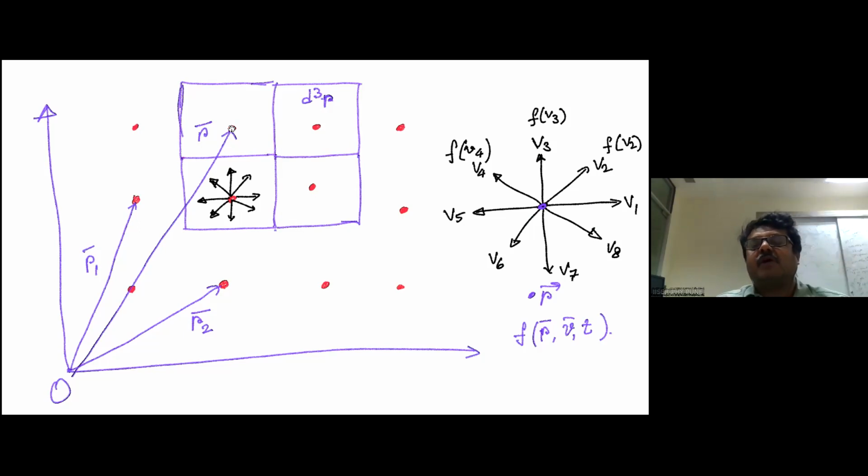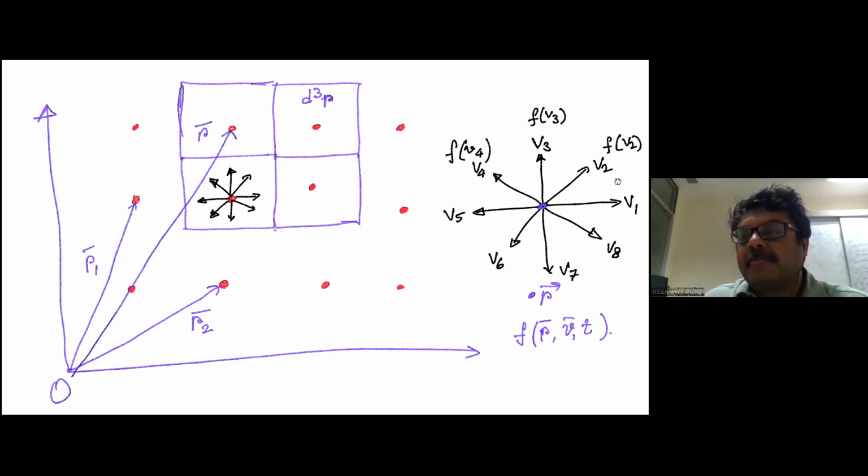Now just to think about it, suppose you have an f of v defined at this point, this point, this point, and this point. We have discretized space, and let's think that we have discretized velocity also. So suppose the velocities are v1, v2, v3, v4, v5, v6, v7, and v8, just 8 velocities in a 2D space.